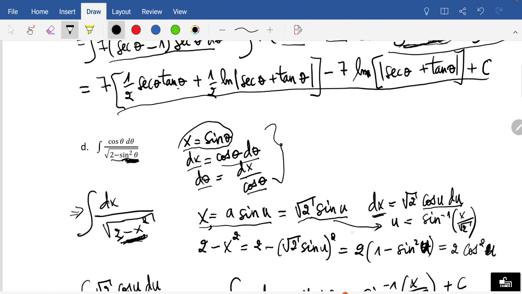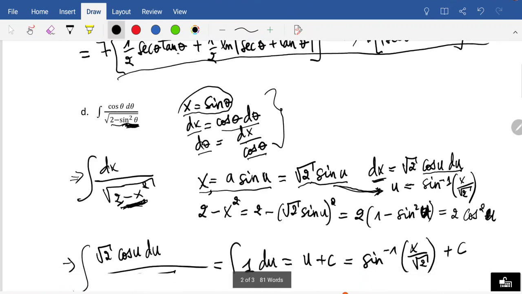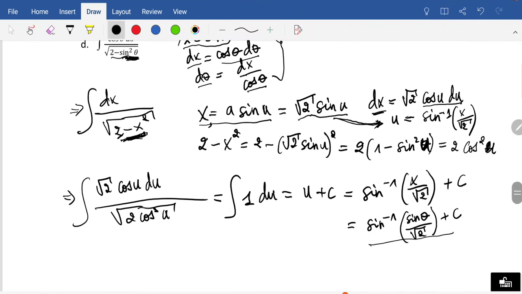And from the original substitution, we can see that our u therefore will be sine inverse of x over the square root of 2. And now that we know that, we can use it in the substitution of what's in the denominator.